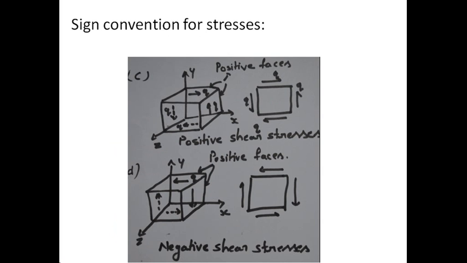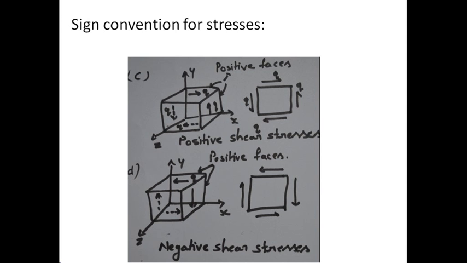Here we follow some sign conventions. Tensile stress is considered positive and compressive stress is considered negative. If we denote an angle as theta, it is considered positive when it is in the anti-clockwise direction.